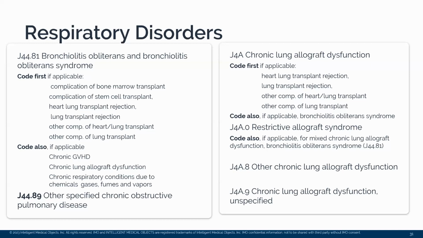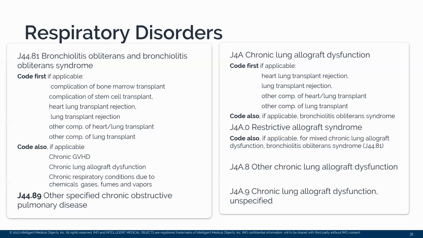BOS often appears after lung transplant as a manifestation of chronic lung allograft dysfunction, or it shows up after the stem cell transplant as the pulmonary manifestation of chronic graft versus host disease. There are different clinical subtypes of chronic lung allograft dysfunction, which include bronchiolitis obliterans syndrome, restrictive allograft syndrome, and also mixed chronic lung allograft dysfunction. So you'll see with the new code J4A.0, restrictive allograft syndrome, there's an instructional note to code also the bronchiolitis obliterans syndrome if applicable.